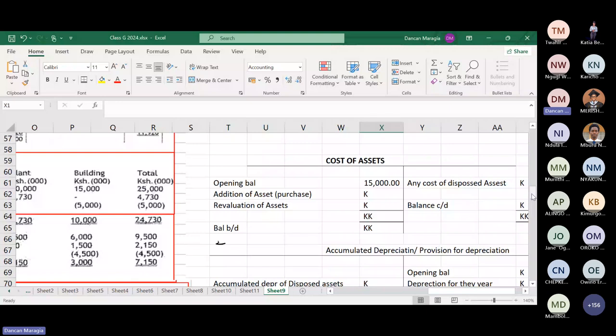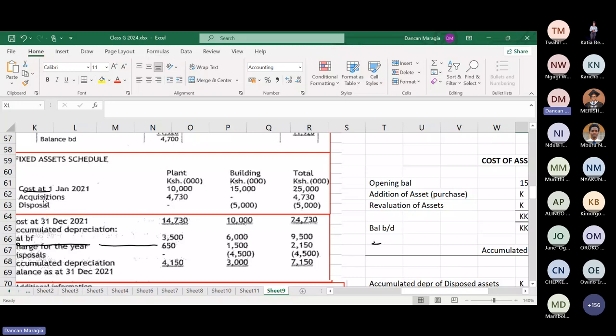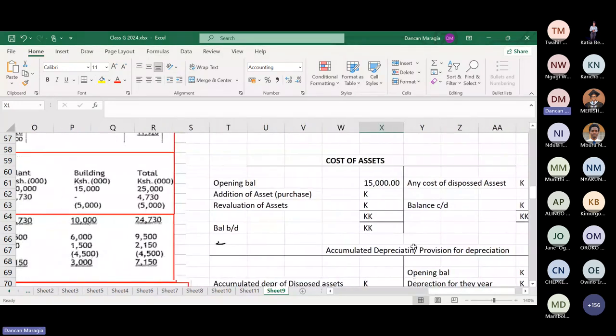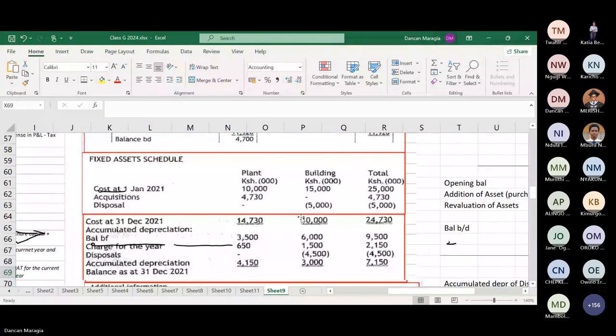$15 million. Now, the examiner tells us during the year, there were no additions in building. So additions in building were how much? 0. And we are not given any revaluation of assets in the year. Then, in the lower part, he tells us there was a disposal of assets.